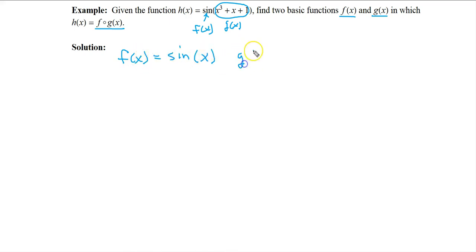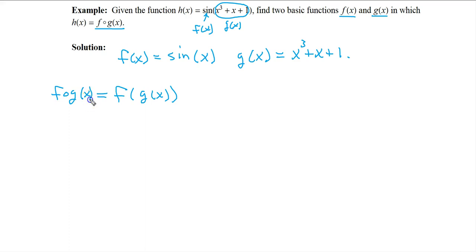Let's just verify that. So if we pick f of x to be the sine function, and we pick g of x to be the function inside the parentheses up here, then when we evaluate f of g of x, this is our composition function. That will equal the sine of g of x.